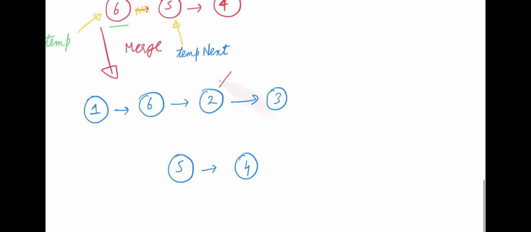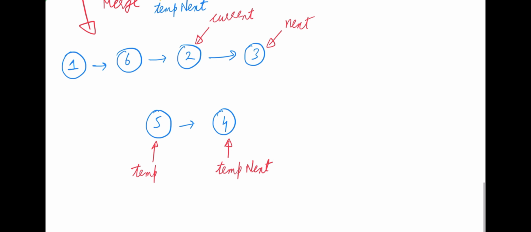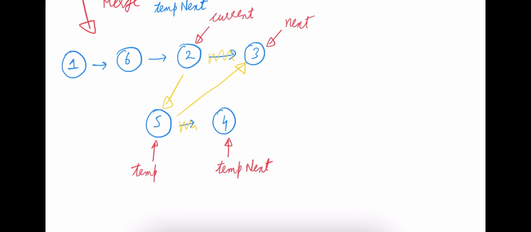Node 2 is going to become my current, node 3 is going to become my next, node 5 will be my temp, and node 4 is going to be temp next. Now I can do a similar thing, updating current dot next to point to node 5, and temp dot next will point to node 3.